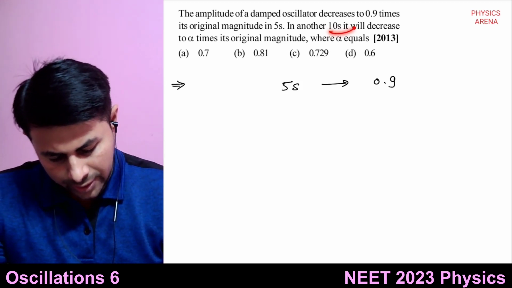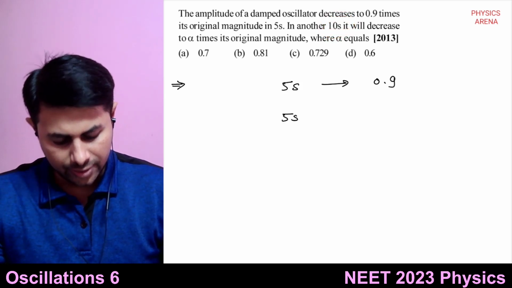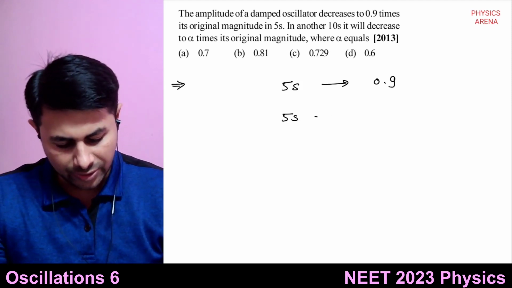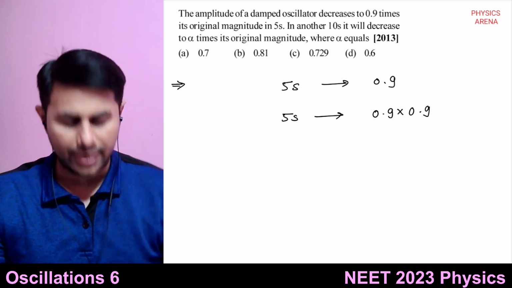Another 10 seconds means twice of 5 seconds, right? So in another 5 seconds, it will become 0.9 of 0.9.